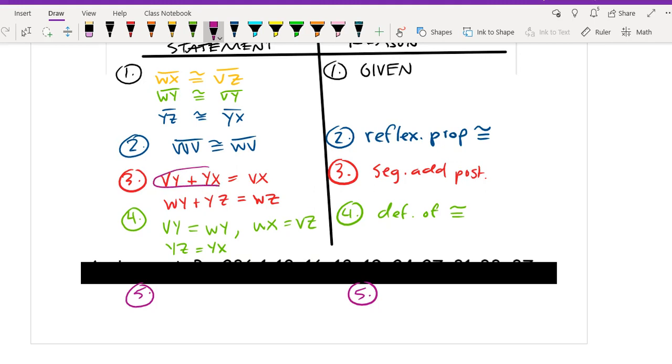Like this particular equation here, VX is also equal, and I can replace VY with WY and YX with YZ. And what is that called when I replace numbers in an equation? That is the substitution property of equality.